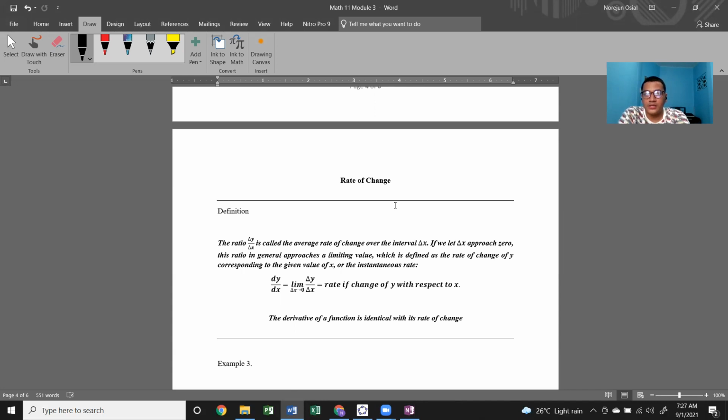Suppose you are doing a survey and you want to determine the speed of a certain car. So what you do is you put two posts, post 1 and post 2, at a known distance. What is the formula for the speed? It is the total distance traveled over the total time.